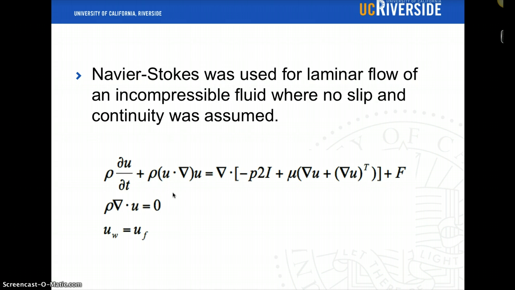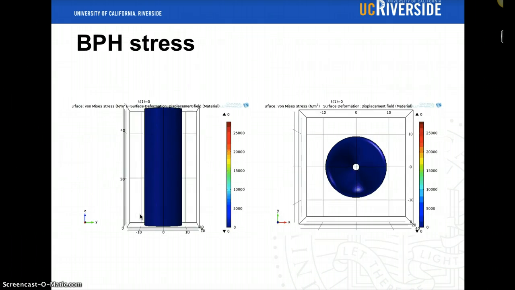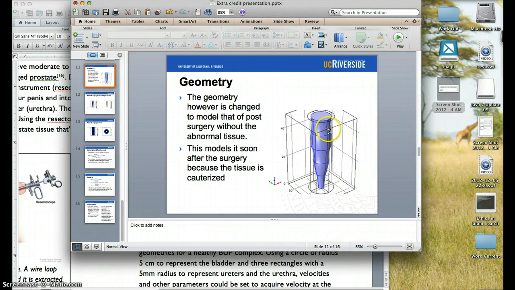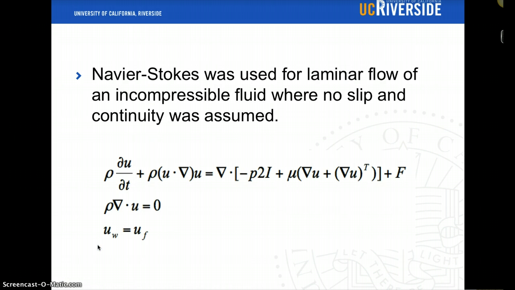I won't get too much into detail due to time, but this is the formula that simulates flow. And so that's what I used. Oops. Oh shoot, what did it do? That was weird. Okay, sorry about that.